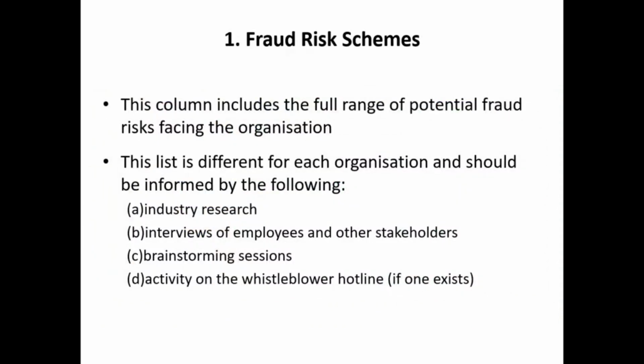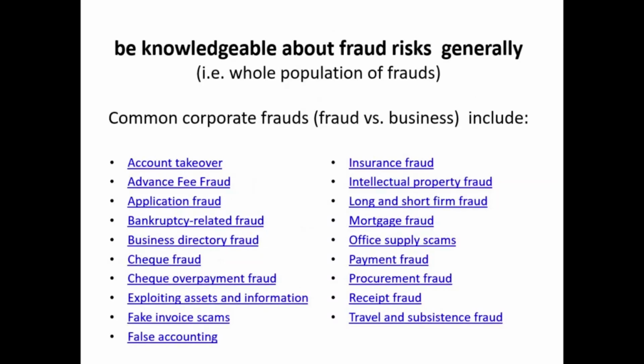So the fraud scheme, as I've said, normally it's like a worst case scenario, but typically we'll do this on past examples. And this is a range of different examples. They could be from quite minuscule examples like a receipt fraud up to something more substantial, like the bankruptcy related frauds.